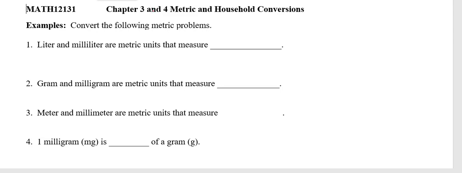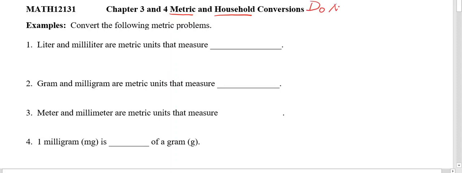Alright, so chapter 3 and chapter 4 is what we're looking at. Chapter 3 is on metrics and chapter 4 is on household conversions. One thing I want to say now, and I'll probably remind you of this a dozen times, probably write it on some homework papers: do not Google the conversions.